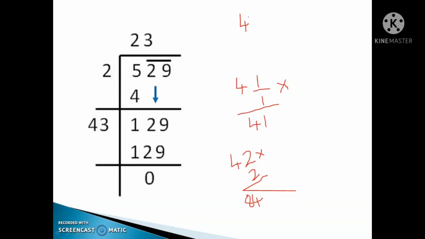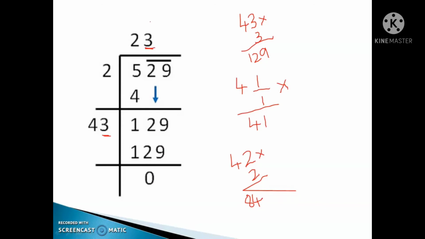So I tried with 43. Whichever number I am writing here, I will multiply it with the same number. 43 into 3, what will I get? I'll get 129. Yes, I got the number which I want. That is why I put 3 here. The same number I'll put here also. 43 into 3, 129. The remainder is 0.